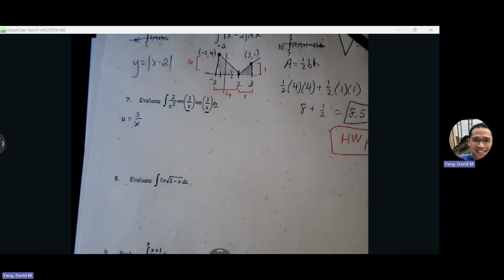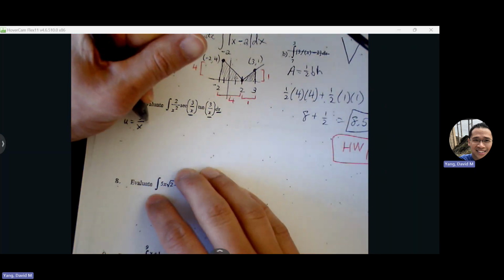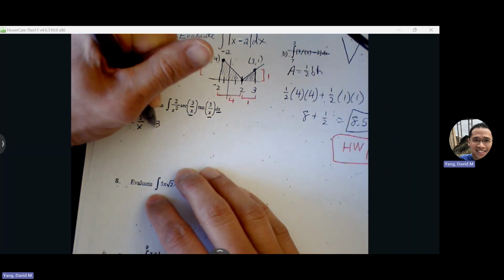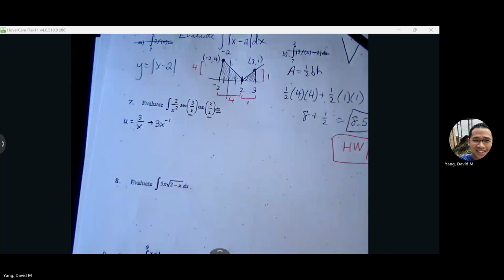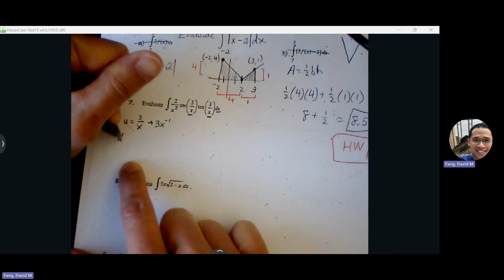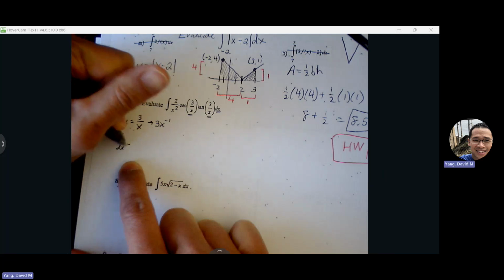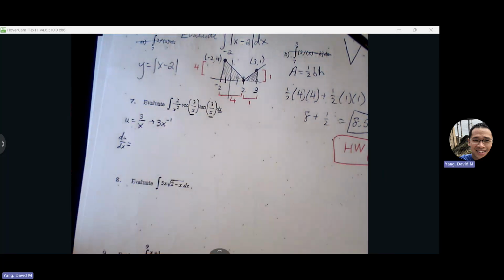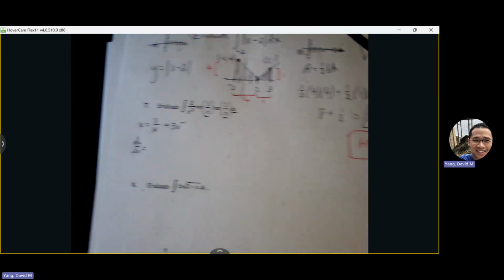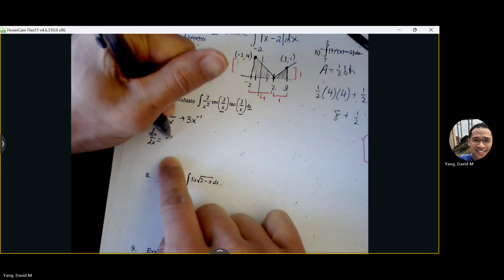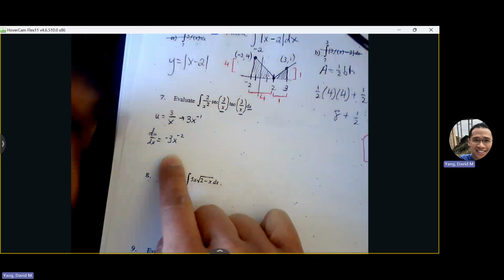And if we want to find the derivative, the best way is to avoid quotient rule by going through power rule. So we can bring that x up to the top, make it 3x to the -1. And then once we find the derivative, we can clean it up. 3x to -1, derivative is -3x to the -2.